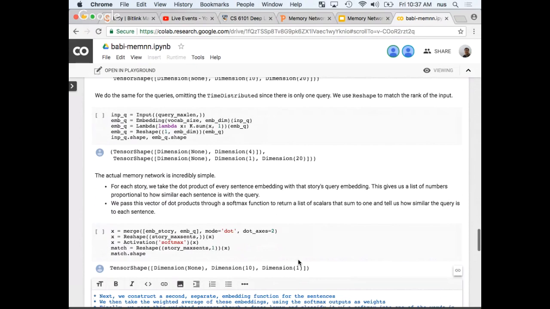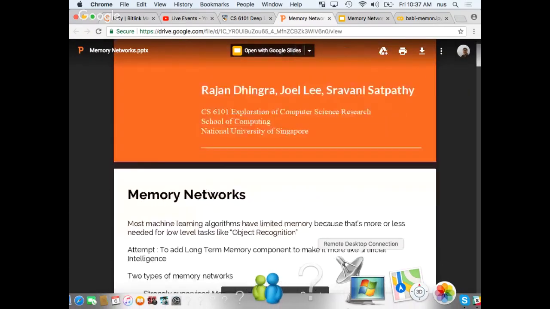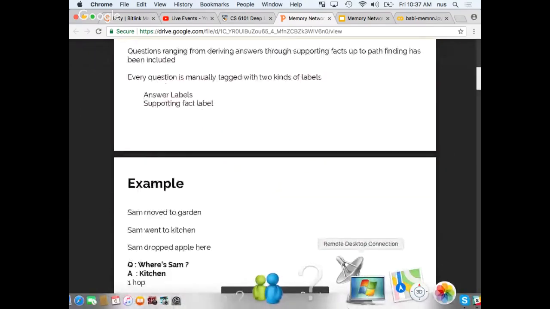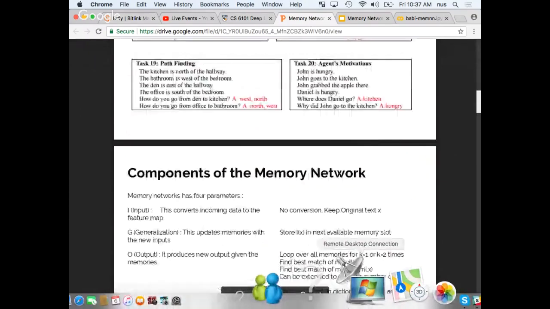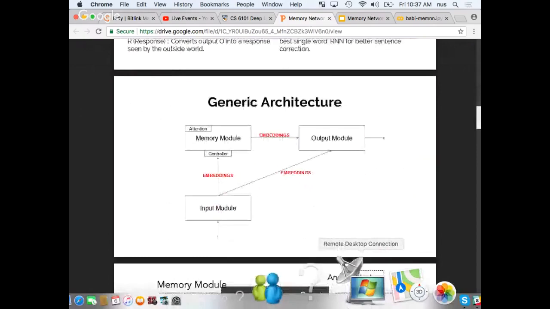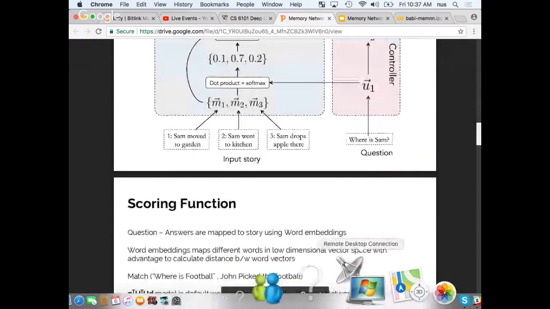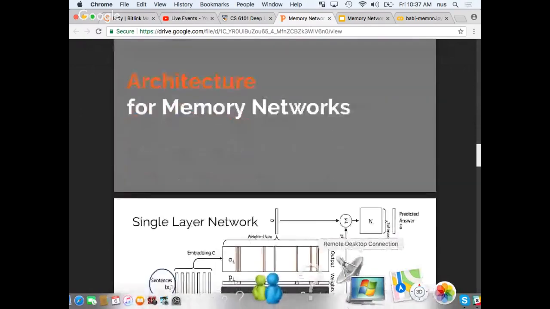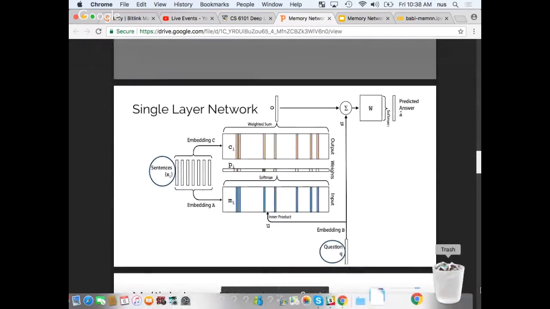This is the diagram as well. I'm going to open up the diagram. If you refer to the diagram, we have this right here.